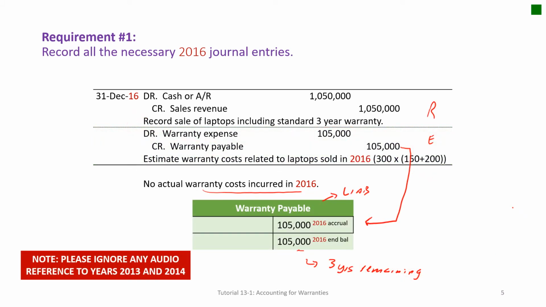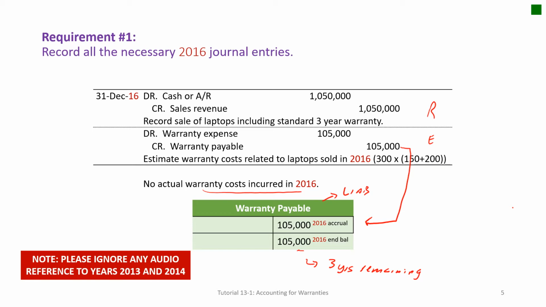So now that we've recorded the revenues and associated expenses for these particular laptops sold during the year, we can start to see what's happening with our warranty payable account, which is our liability associated with having to pay out some claims on the sale of the laptops.